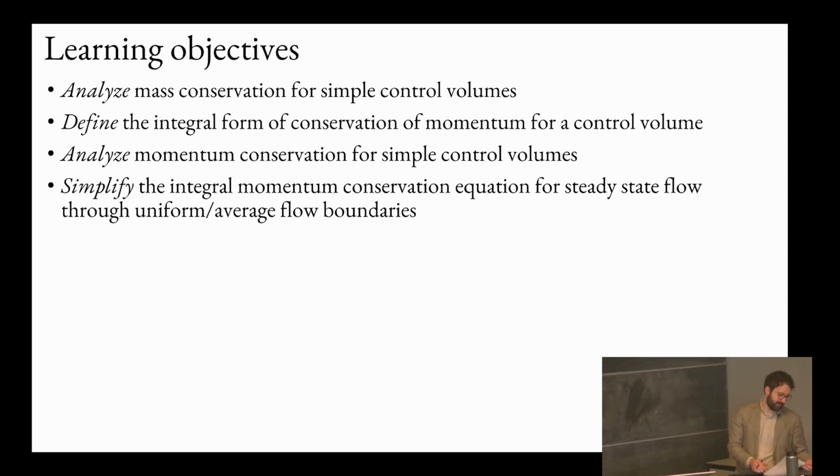You might be happy to know that we don't always have to use that horrible looking integral form of this equation. I'll give you a simpler form that you'll use for, let's say, 90% of the problems in this class. Sometimes we have to do an integration, but it's never going to be an area integral or a volume integral or anything like that. You'll see what I mean by that.